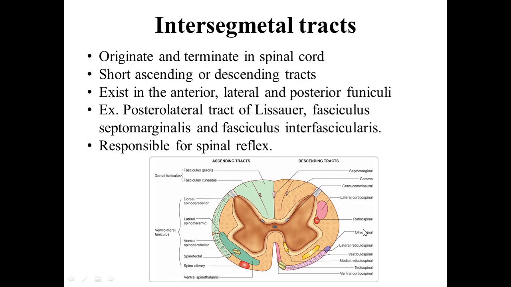These are short ascending or descending tracts. They exist in the anterior, lateral and posterior funiculi, so in all funiculi they are present. Examples of these tracts are the posterolateral tract of Lissauer, fasciculus septomarginalis and fasciculus interfascicularis.